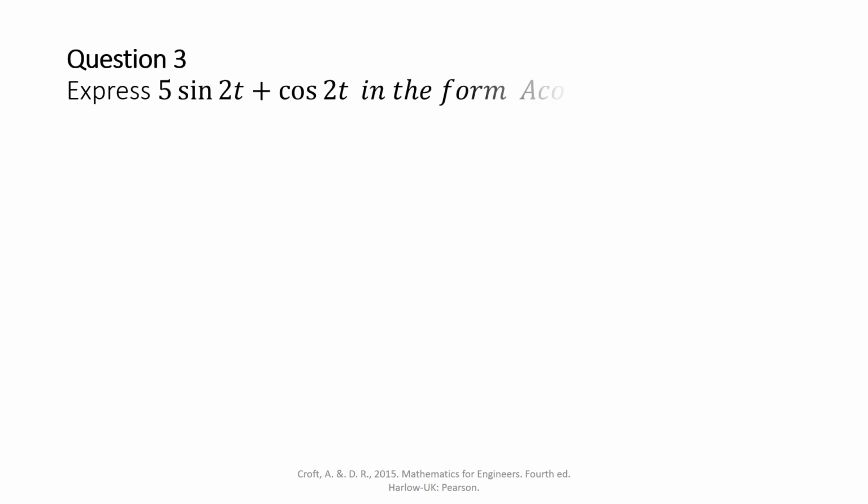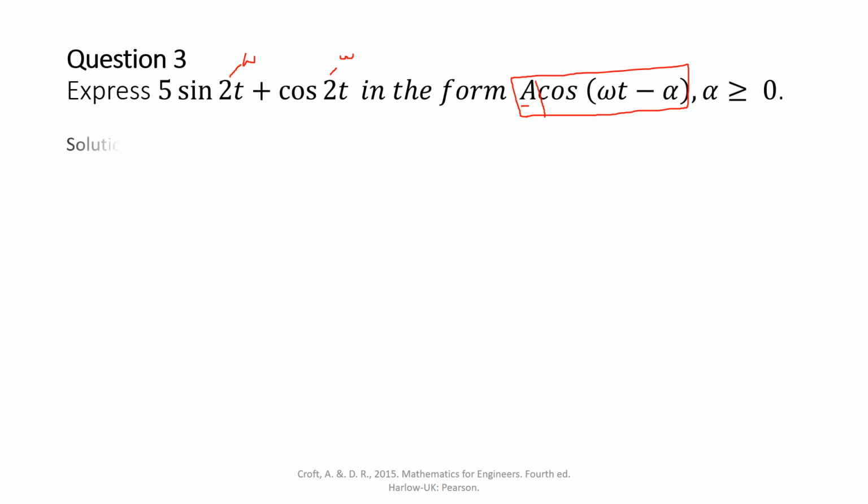Question 3. Omega is given, and if we look at it this time, the second identity will be used: A cos of omega t minus alpha, which is the second identity. So we start from here and expand it.